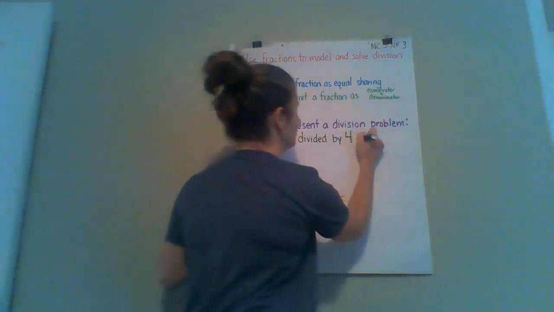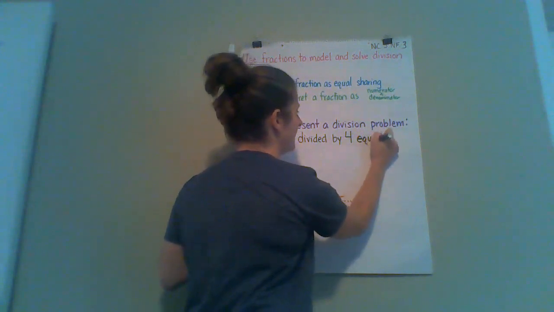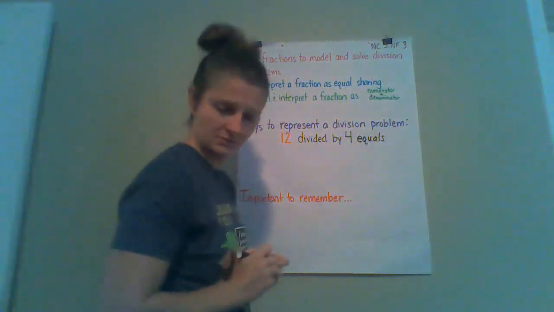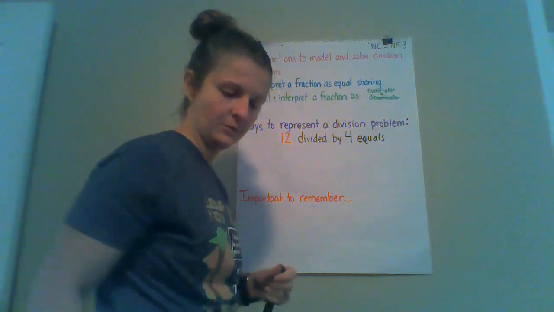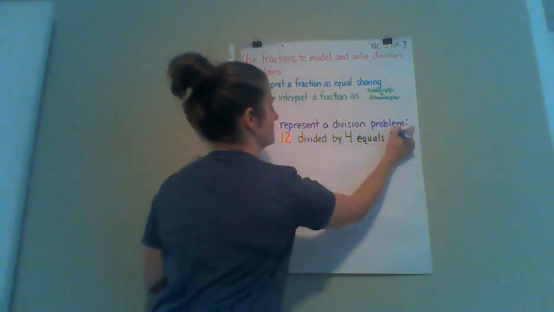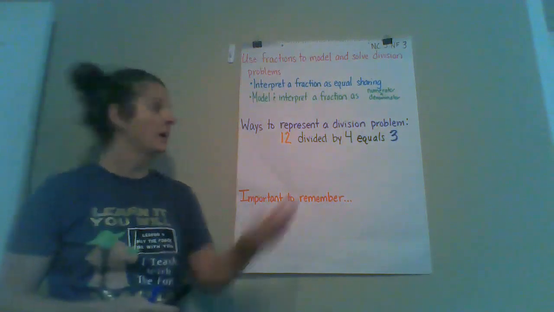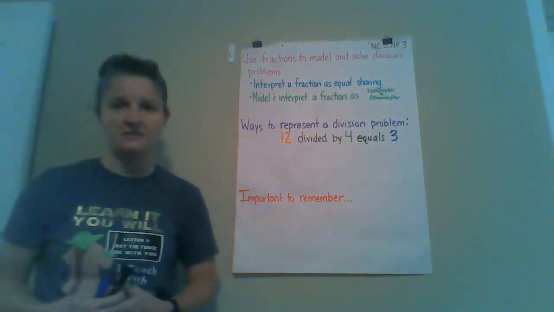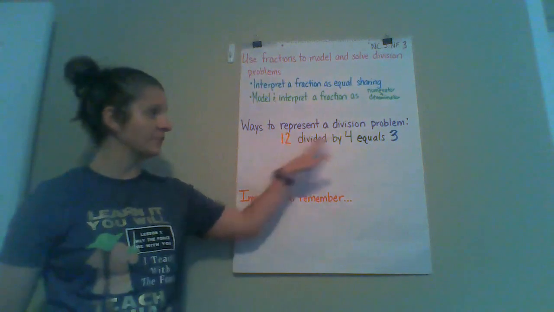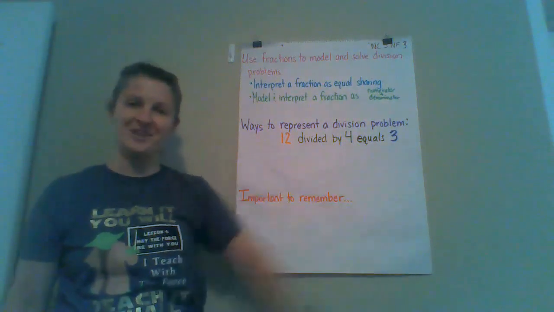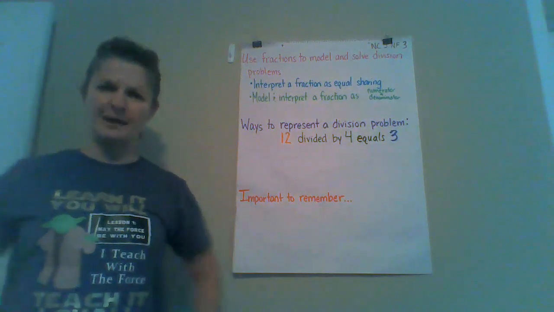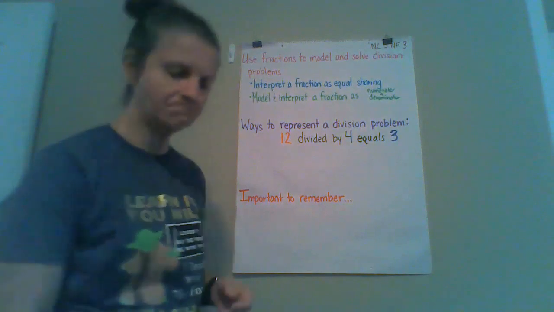So 12 divided by 4 equals, what does it equal? Equals 3. We're going to just do a simple one to show you how many different ways we can represent the division problem. And you'll notice that I color-coded the different numbers. So we're going to use that to help us today, okay?